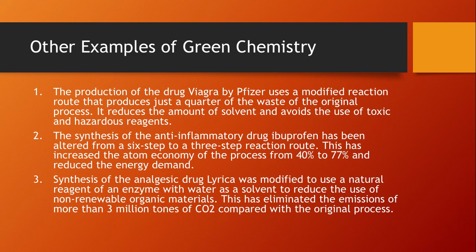And synthesis of the drug Lyrica was modified to use a natural reagent of an enzyme with water as the solvent, to not use as many other organic materials. And that has eliminated the emissions of more than 3 million tons of carbon dioxide compared with the original process. So these are all examples that are now implemented using green chemistry.